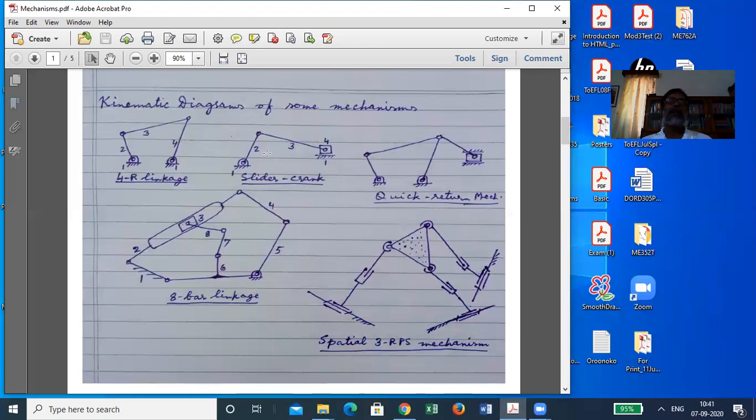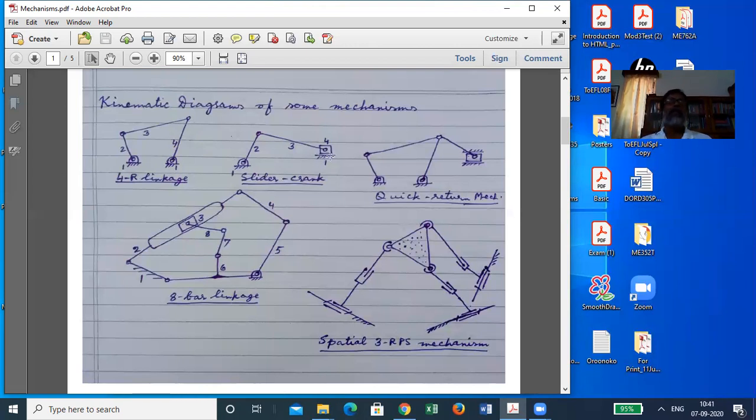Now this is very close to that, except that the pair between links 4 and 1 has been changed to a prismatic pair.